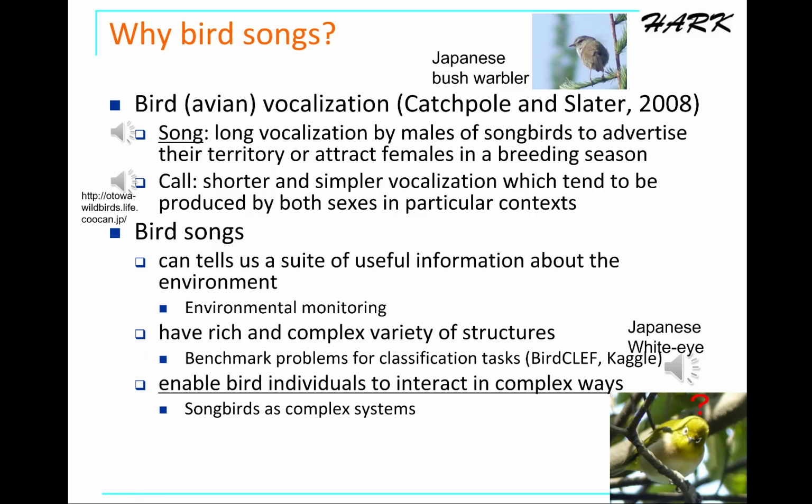So recently, bird songs are used as benchmark problems for classification tasks. But bird songs also enable bird individuals to interact in complex ways. So bird songs and populations of songbirds can be recognized as a complex system. This is our focus, and this is what we want to understand.